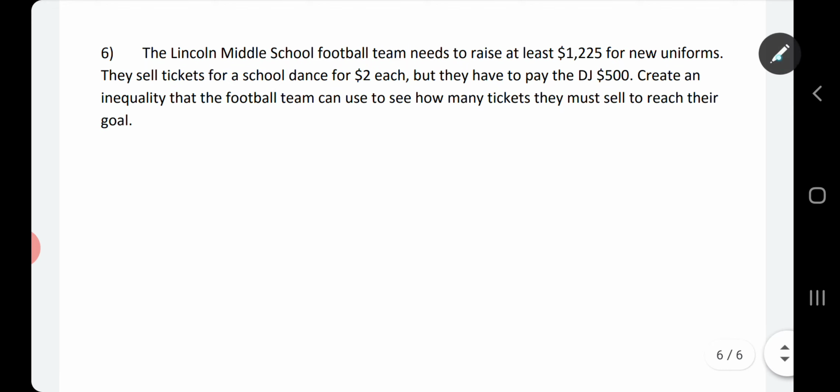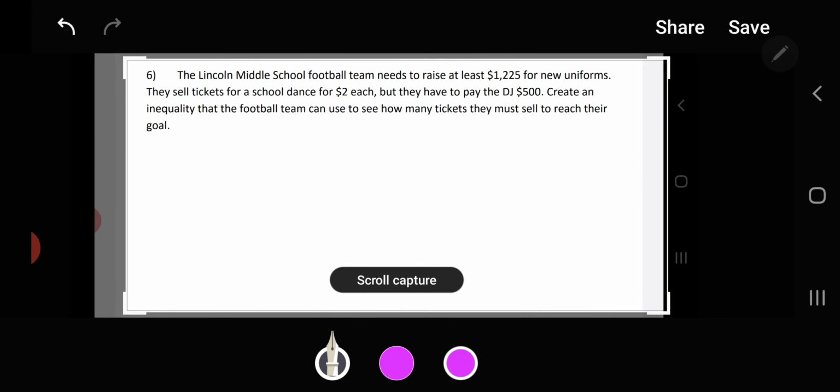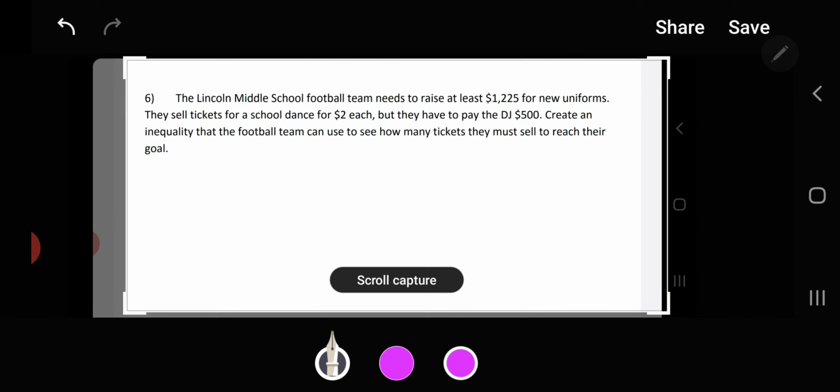Next one, last problem. All right, it says the Lincoln Middle School football team needs to raise, they need at least $1,225 for new uniforms. They sell tickets for a school dance for $2 each, but they have to pay the DJ $500.